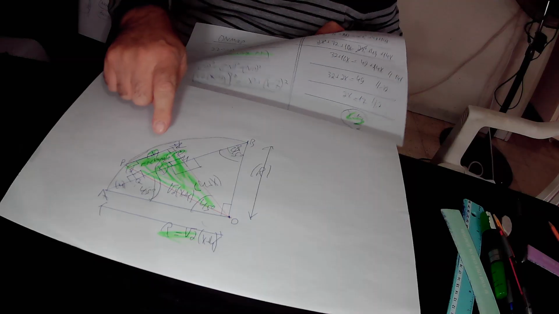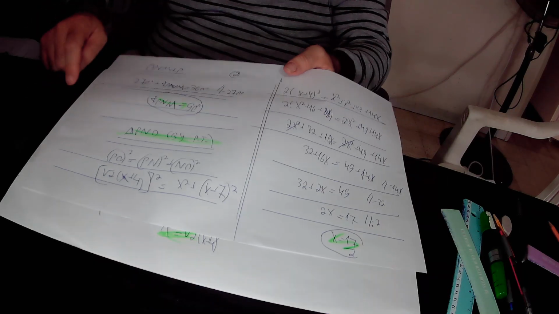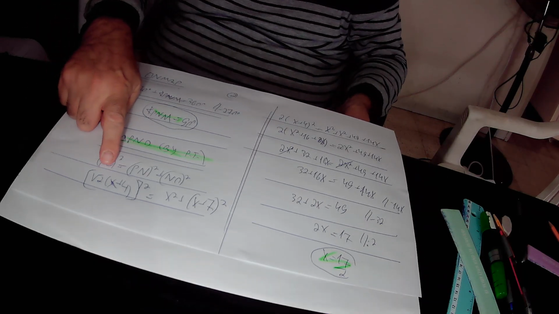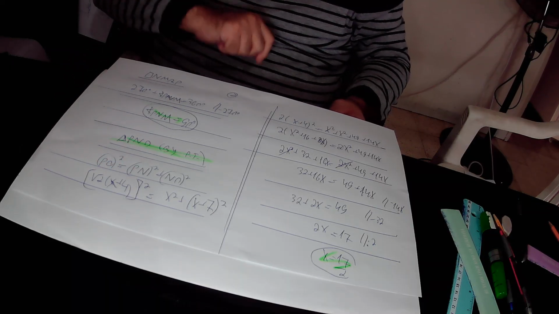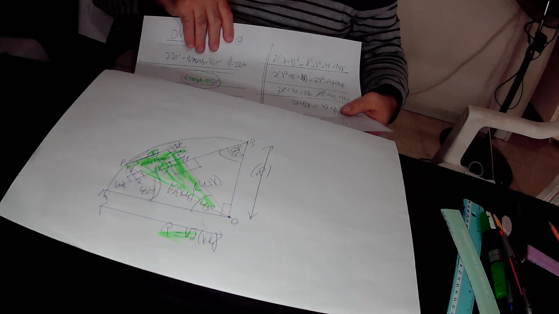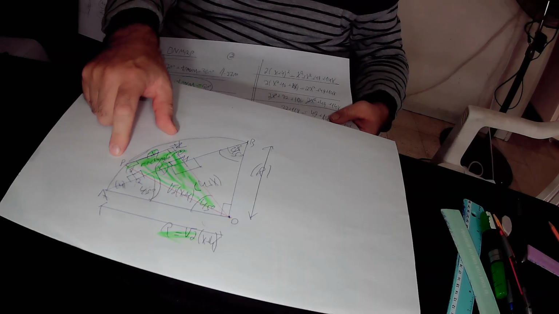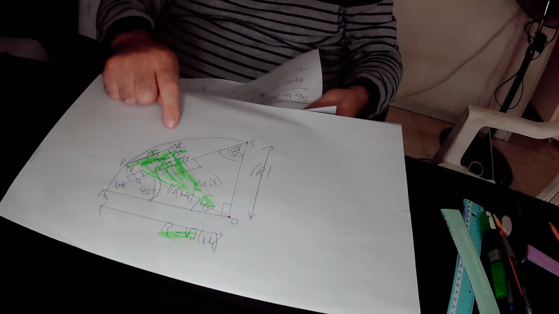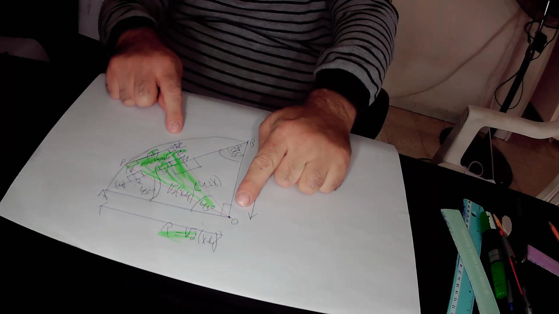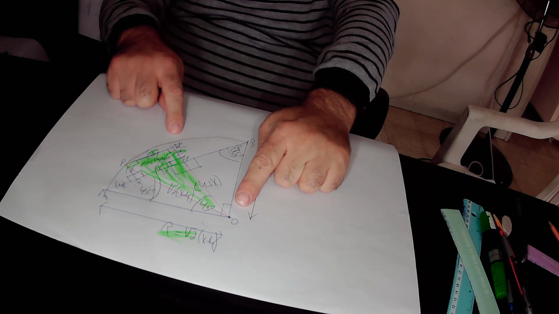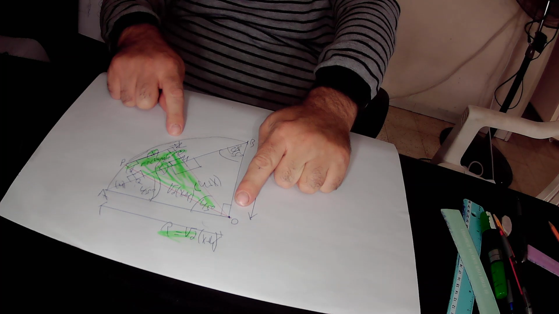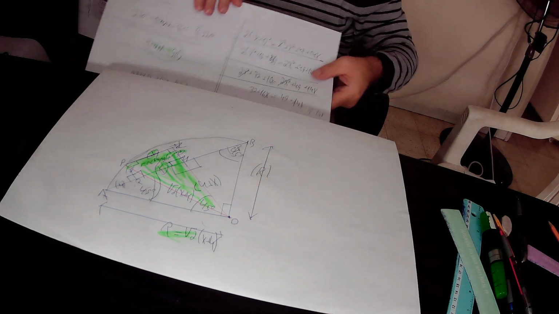PO is the radius of this quarter circle, equal to the square root of 2 times x plus 4, and therefore PO squared equals the square root of 2 times x plus 4, squared. And it equals PN squared. PN is x, therefore PN squared is x squared, plus NO squared. NO in total is x plus 4 plus 3, that is x plus 7, therefore NO squared is x plus 7 squared.